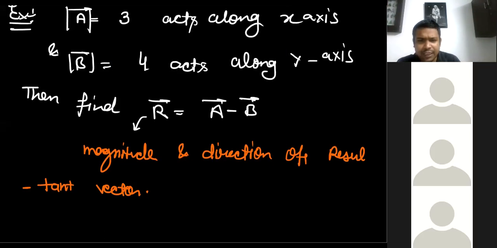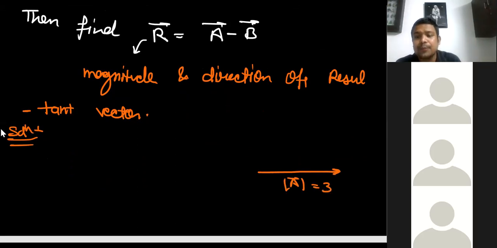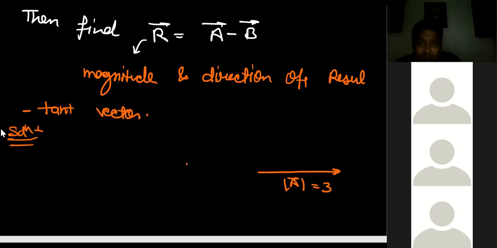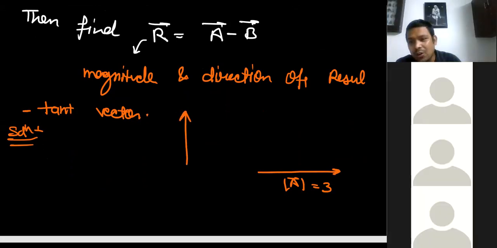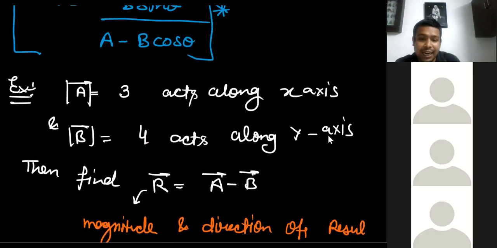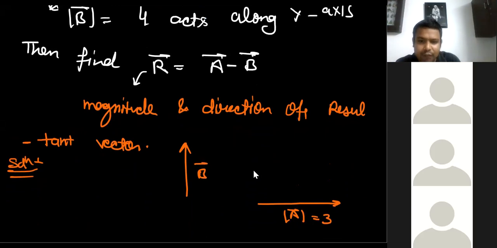Okay, my dear friends, let us see the solution. Vector A is along the x direction, and the magnitude of vector A is 3. Vector B is along the y-axis, and the magnitude is 4.